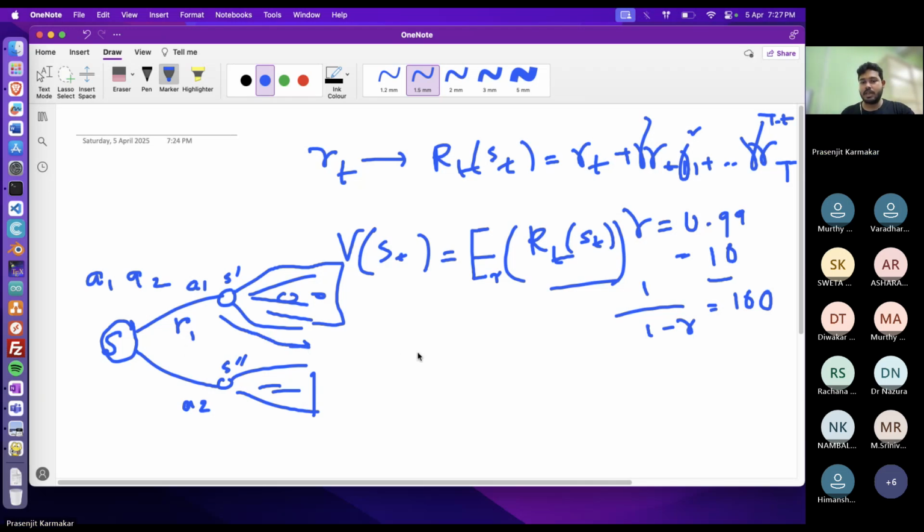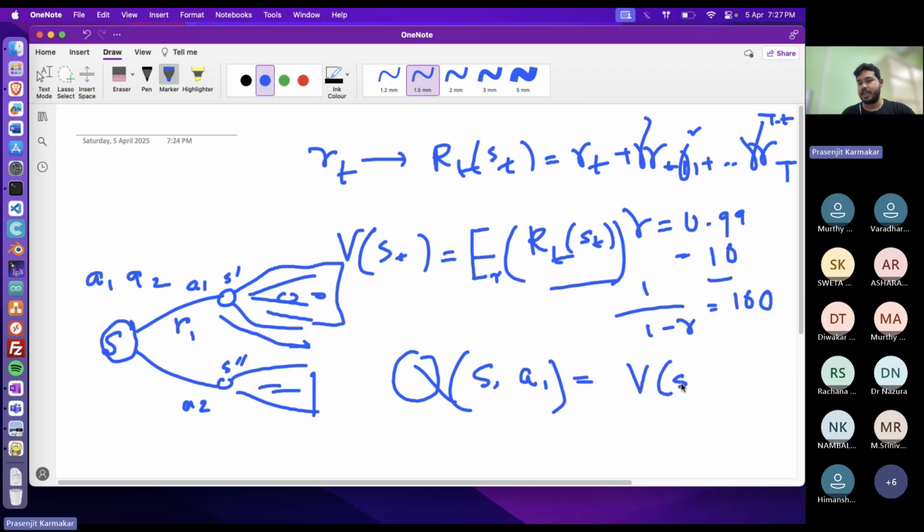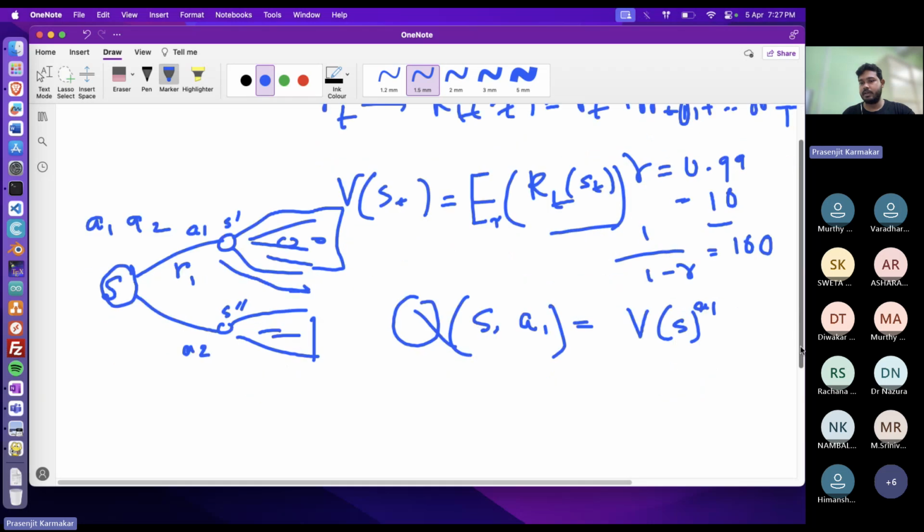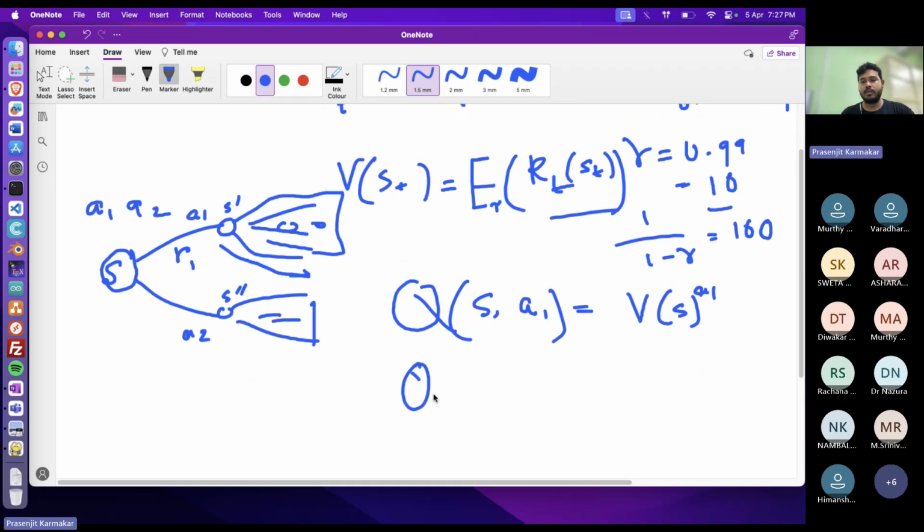So this Q function is easy to realize. From one state to the next, if you take action A1, what is the value you get? That is Q of S comma A1, and then Q of S comma A2.